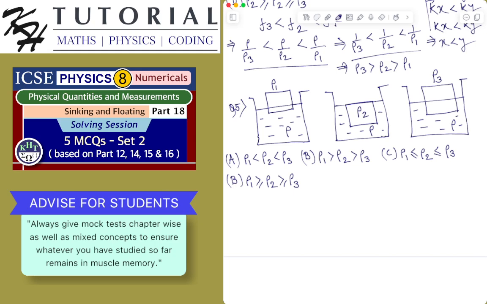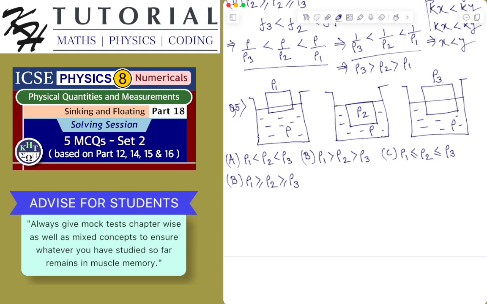In the second figure, the body is floating, fully immersed, and in the third figure, the body is also floating, partially immersed, but the immersed part is greater than in case 1. So again we have to compare rho 1, rho 2 and rho 3.